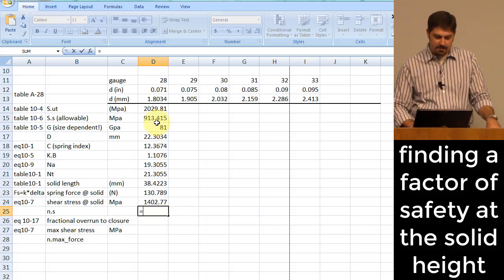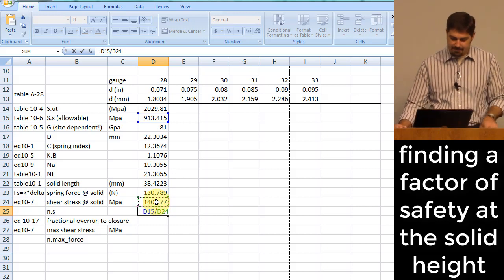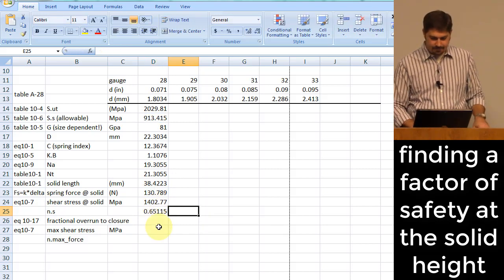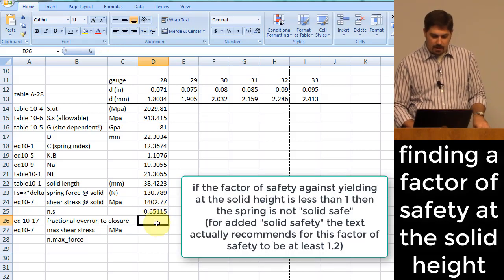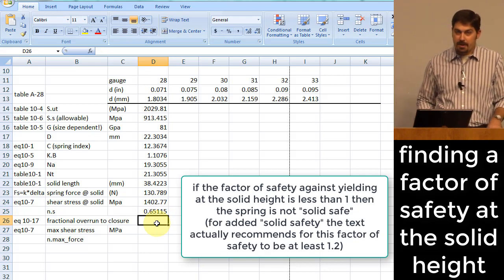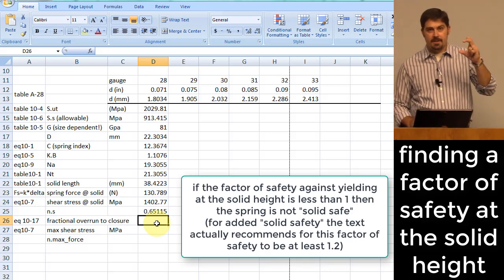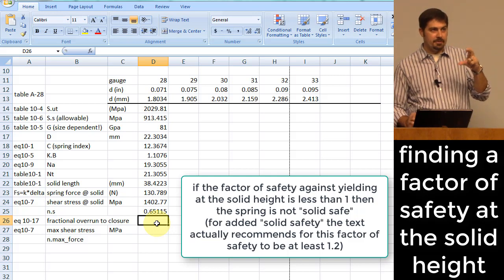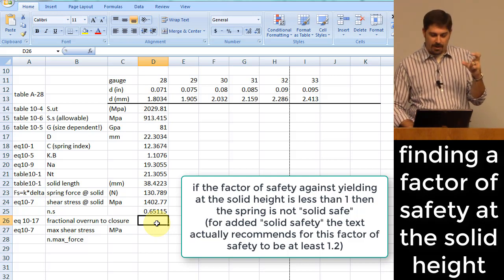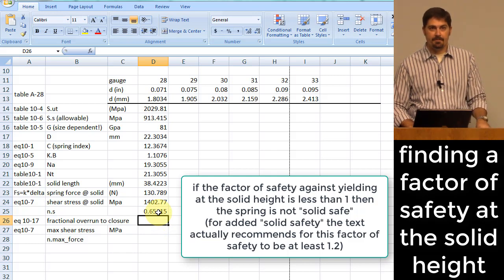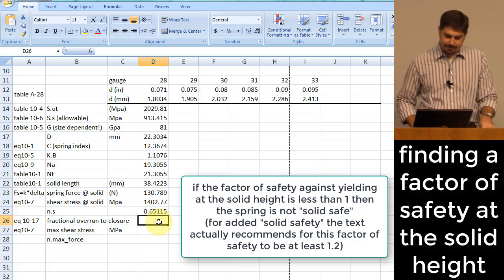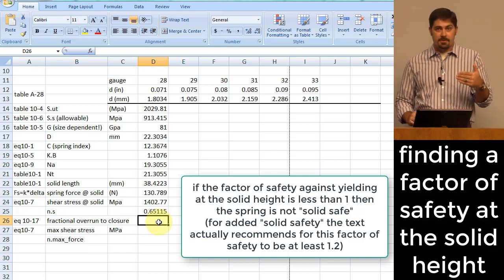So that gives us this value for my allowable shearing stress divided by the shear stress that I actually have when I go solid. What that tells me is that for this spring, if I take it to where it's solid, then I will yield the material. Why do I know that? Because the number there is less than 1.